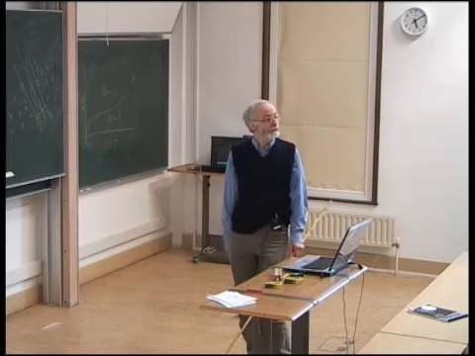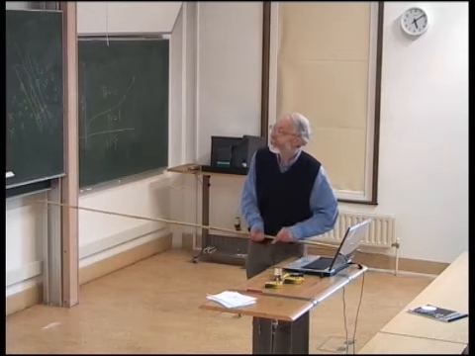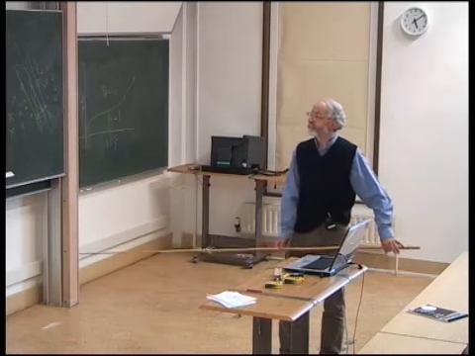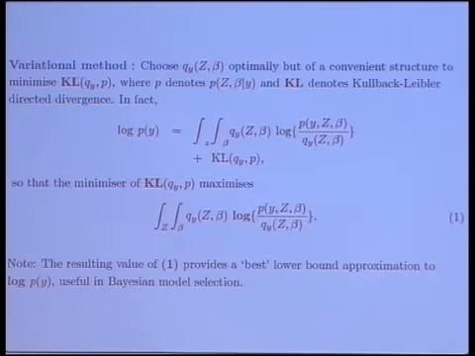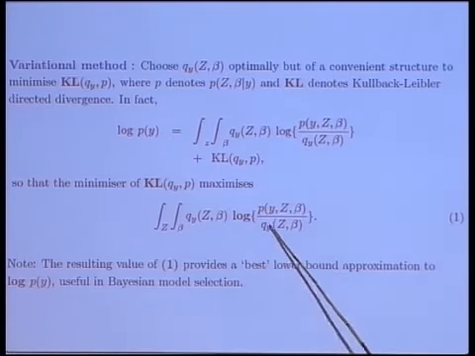If you could go back to page 17, please. That expression 1 that you're maximizing there looks a lot like an entropy of the distribution Q. It's got exactly the form of an entropy. Well, part of it is, integral Q log Q is an entropy, isn't it?